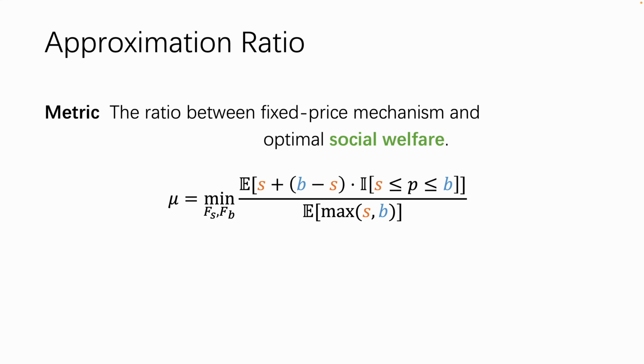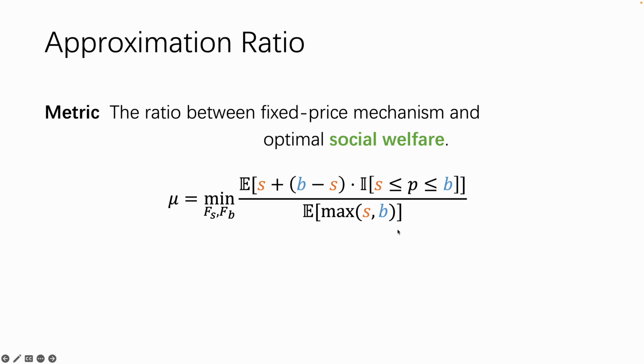So in this paper, we consider approximation in social welfare. We could see that in the efficient trade, we could always allocate the item to the agent with the highest value. So the optimal welfare is the expectation of max{S, B}, so it is our benchmark.